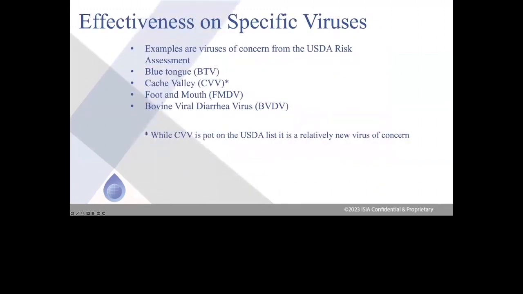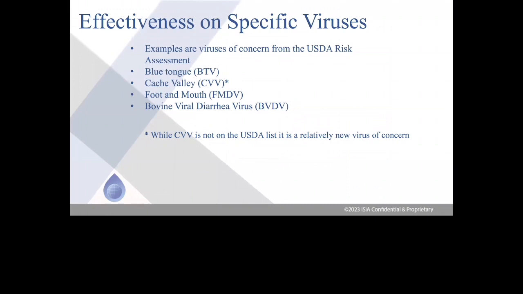So now let's switch gears a little bit and talk about the effectiveness of gamma irradiation on a few specific viruses, just to give you a picture. And the examples we're using are viruses of concern from the USDA risk assessment that was completed a few years ago, and that concluded that gamma irradiation was the best currently available risk minimization technology.